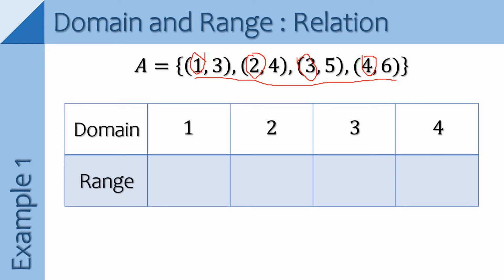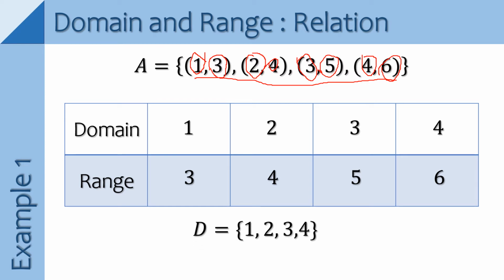And our range is 3, 4, 5, and 6. Therefore, if we write the domain and range as sets, D is equal to {1, 2, 3, 4}, and the range is equal to {3, 4, 5, 6}. That is a simple example for the domain and range.